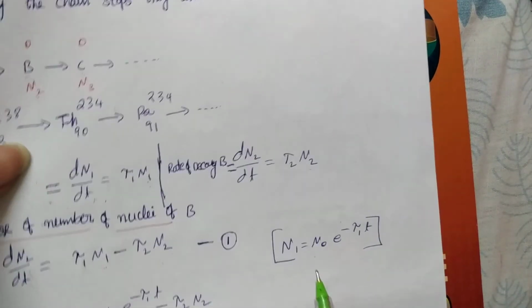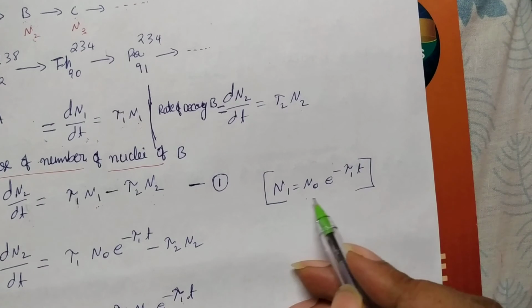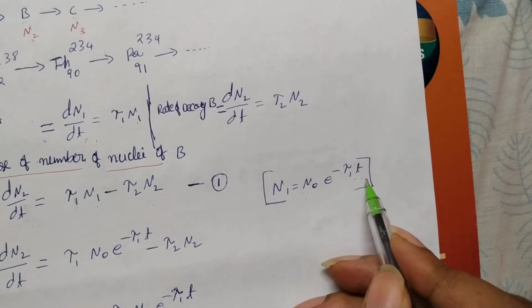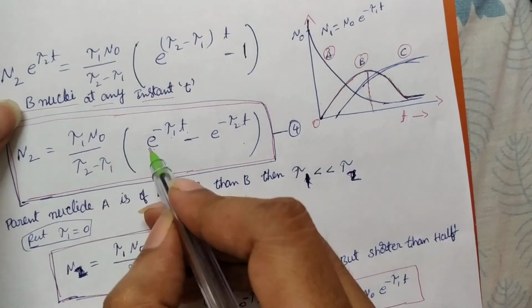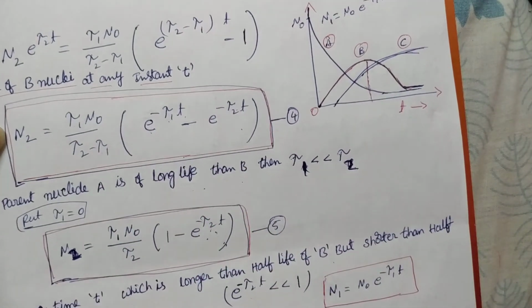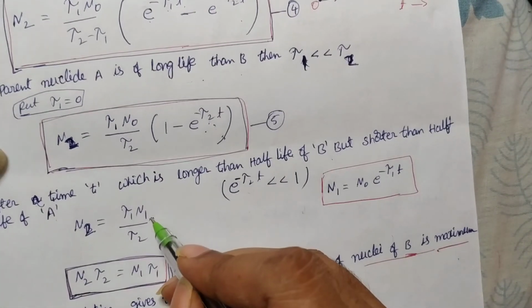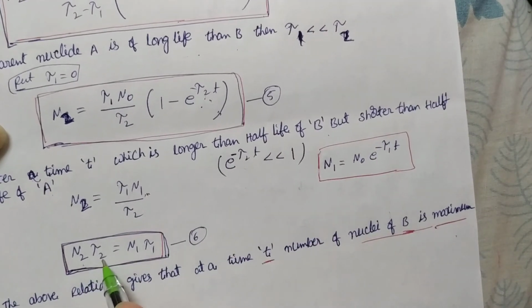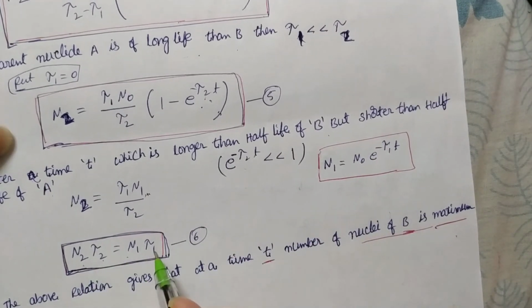In the first equation we have n1 equal to n naught e power minus lambda 1 t. From this, in place of n naught into this, we can write n1. So from this, n2 lambda 2 is equal to n1 lambda 1.